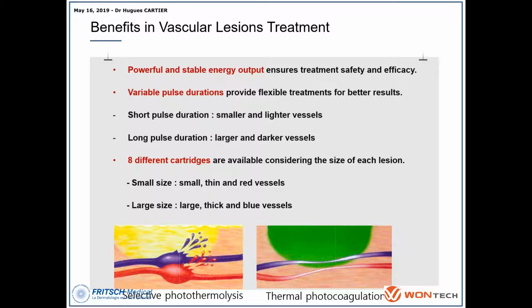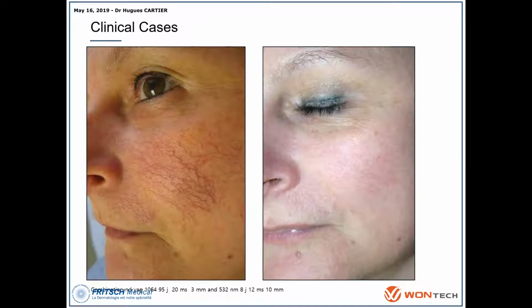You have to discuss with the patient which one they prefer, because sometimes you have some more side effects where you induce purpuric reaction, but maybe you can obtain more efficiency in fewer sessions. So for a first example, it's with this KTP laser from Vontech, it's easy to destroy because it's a large vessel.